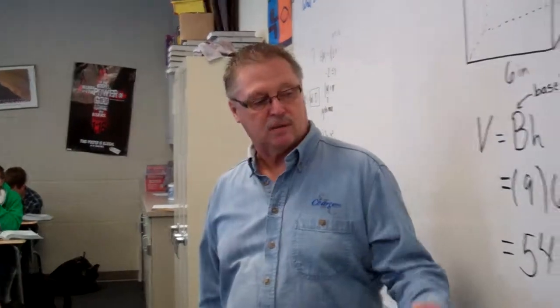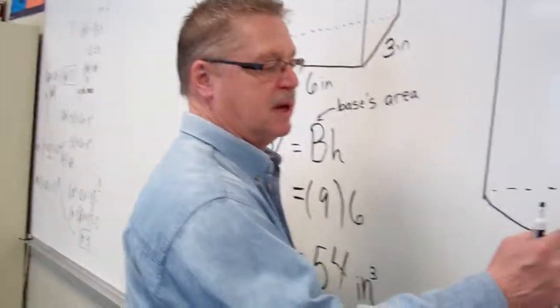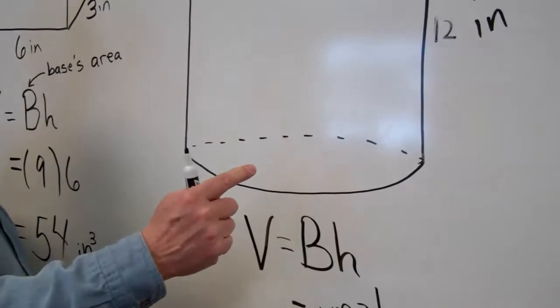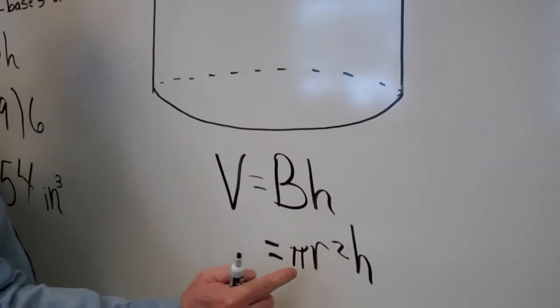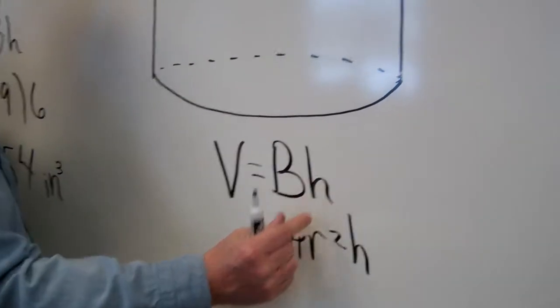Can any one of my model students explain why that and that are the same? Model student David Burns. Because pi times radius squared is how you get the base area. Nicely said. This base is a circle, and the formula for area of a circle, he knows to be pi r squared, so we replace that with that.